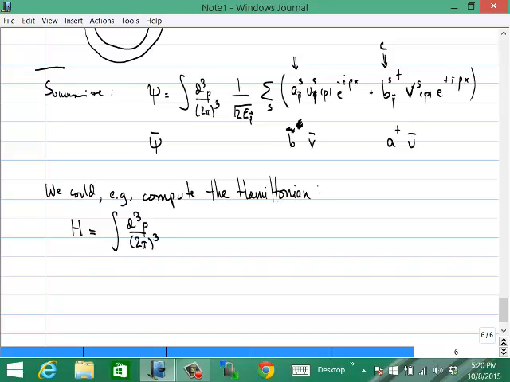So the Hamiltonian is given by a sum over all possible oscillator modes, all possible momenta p, along with all possible spin states s of E_p (I can never decide whether to call it omega or E, so I guess I've been calling it E), the energy of a particle, times the number operator that measures the number of particles with spin s, plus the corresponding number operator that measures the number of antiparticles with spin s.